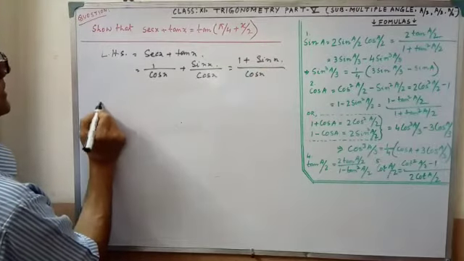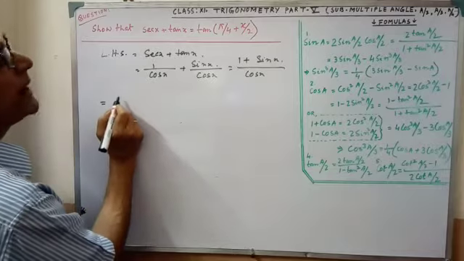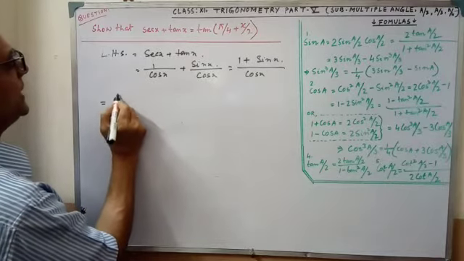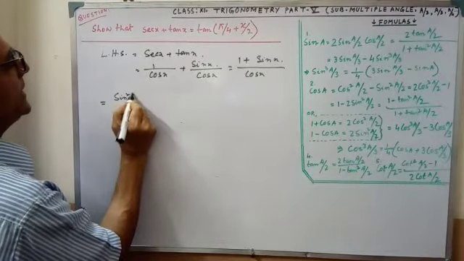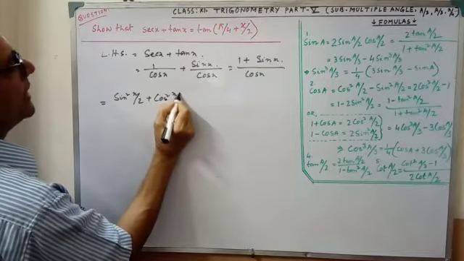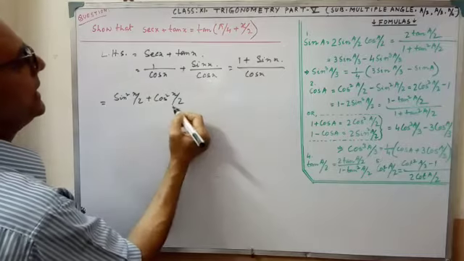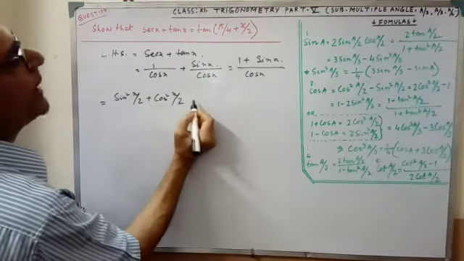Now see, 1 we may replace by a trigonometrical expression, that is sin square x by 2 plus cos square x by 2, since sin square theta plus cos square theta equal to 1. Since it is the submultiple, this is x by 2.